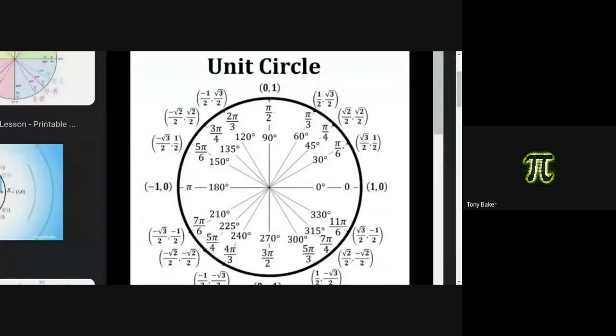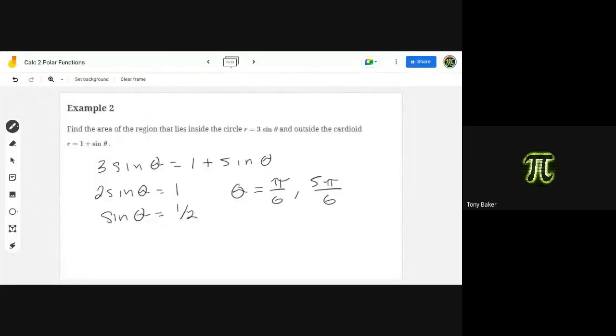Pi over 6 and 5 pi over 6. So those are my two intersection points.